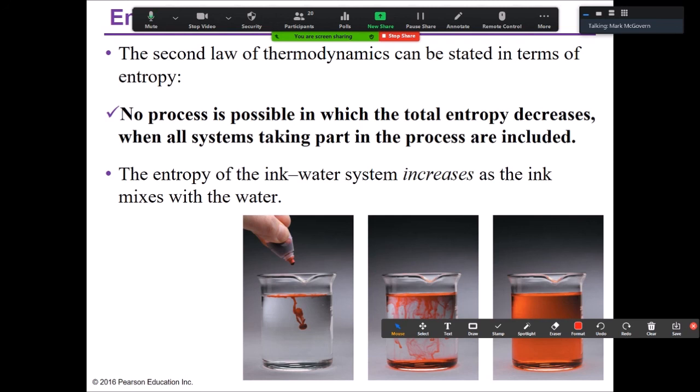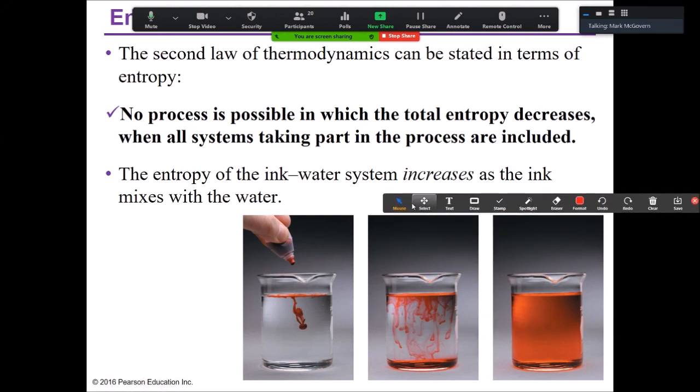And there's a more ridiculous statement that people use, and that's this: the entropy of the universe always increases. That's a weird statement. But when you say the universe, you automatically are talking about a system and its environment. And every single process that takes place in the universe increases the entropy of the universe.